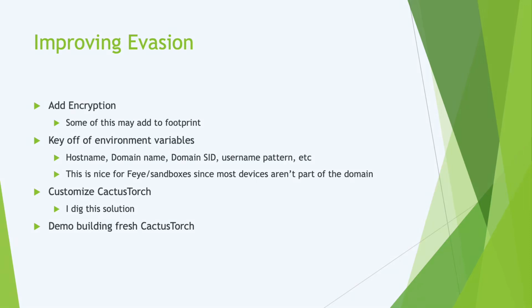Customizing Cactus Torch is the way that I have been going. I've been slowly adding to my Cactus Torch COM object to include encryption, include randomizers, things to split stuff up more easily, so that I can do a lot of the stuff that I'm currently doing in Cobalt Strike inside my actual Word document macro, so that I can use payloads from anywhere. I don't have to just use Cobalt Strike.